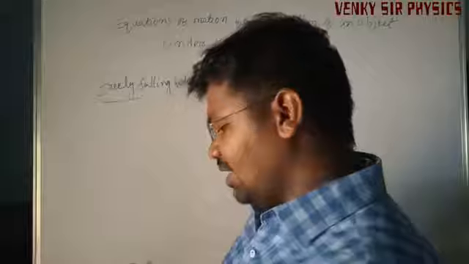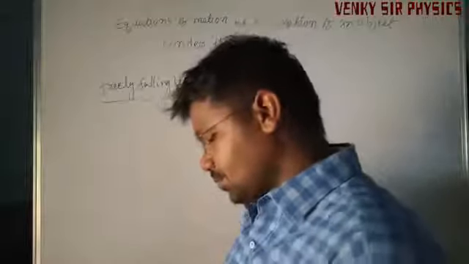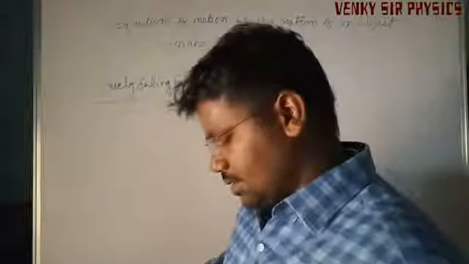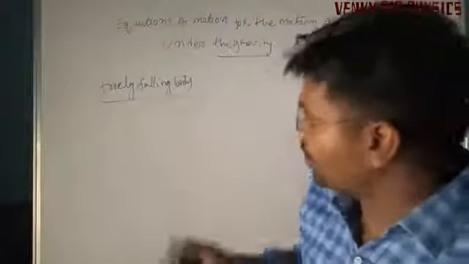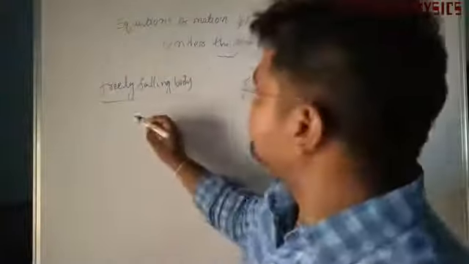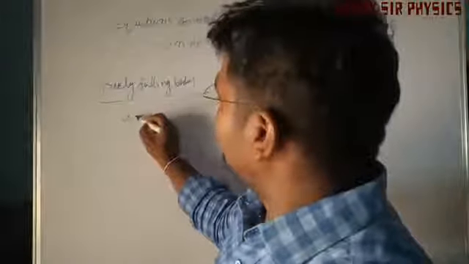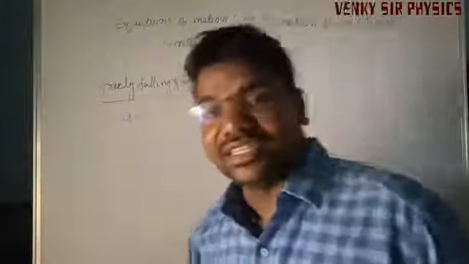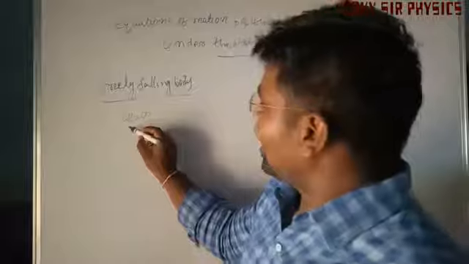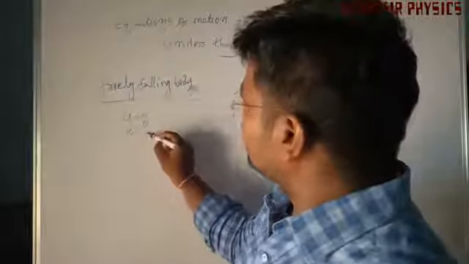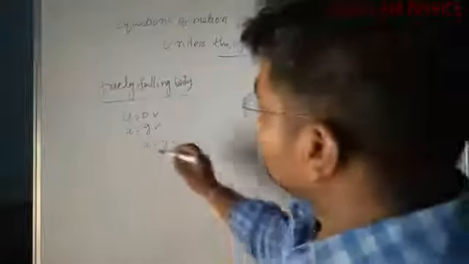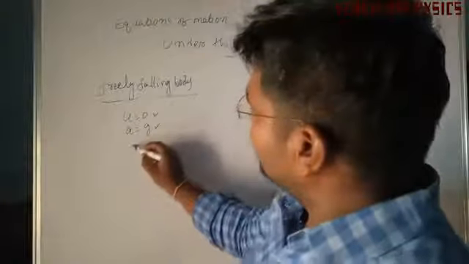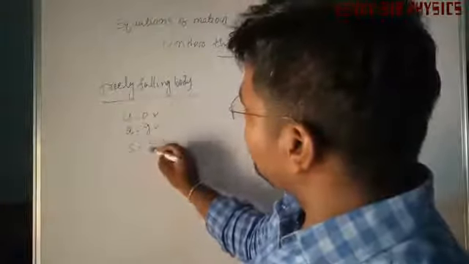For a freely falling body, the initial velocity is 0, and the acceleration is equal to the acceleration due to gravity. Here we denote the displacement as h.